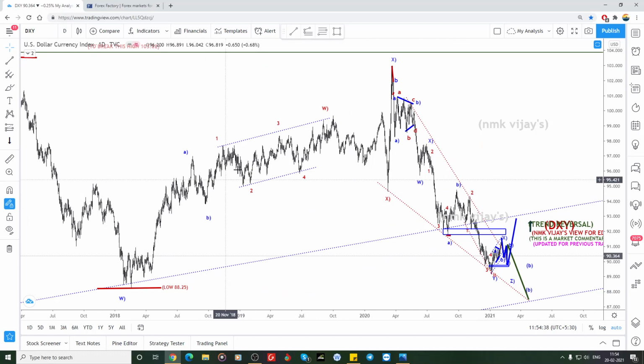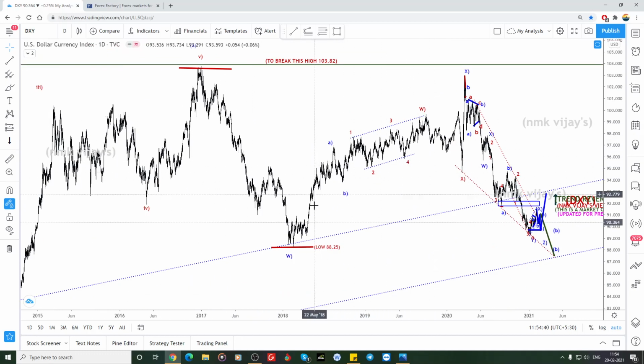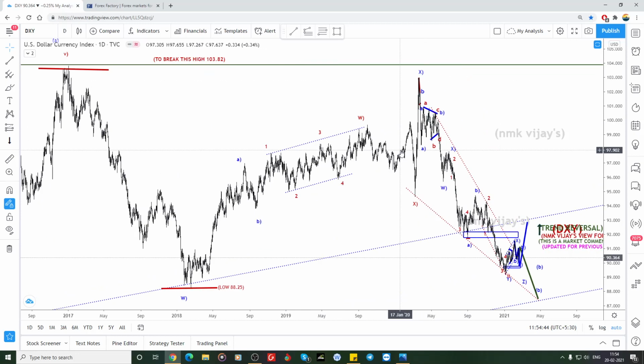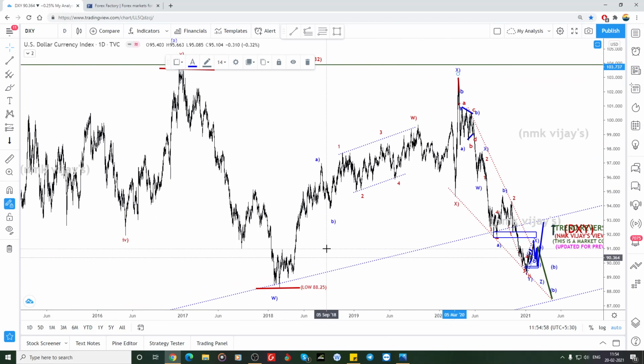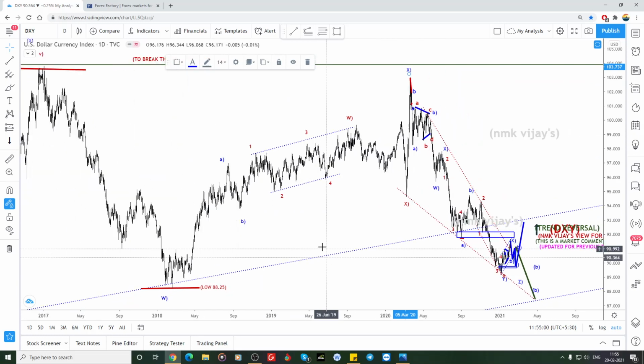So how I got the conclusion here: in my previous analysis, from here, if it reached here in one or two sessions, I already said this could be an X also, and it may break this low, otherwise it could make a triangle also. So I rechecked my analysis in the previous also.